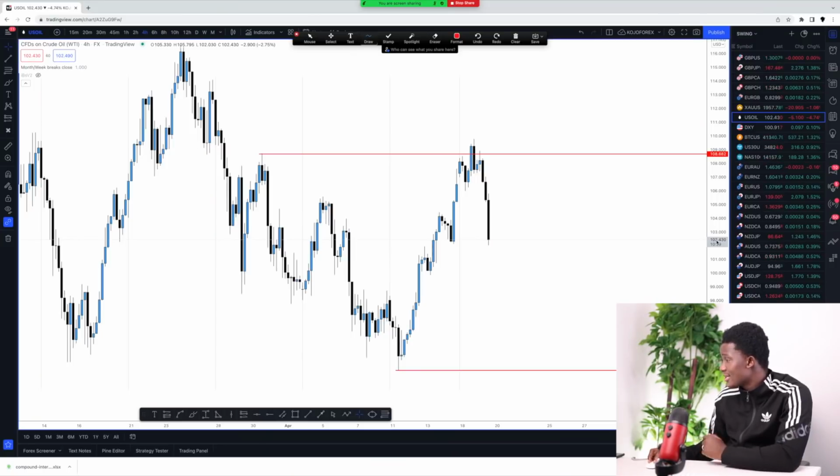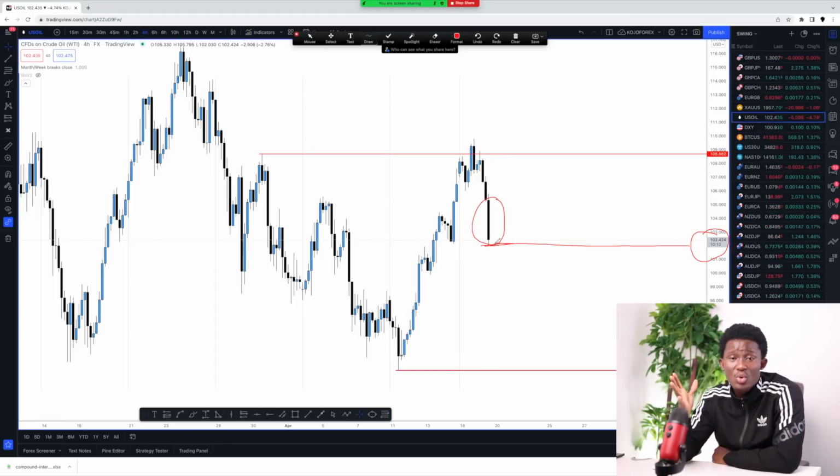So because we currently have about 10 minutes for the current 4-hour candle to close, in the next 10 minutes this particular candle, which represents the oil, is going to close for a new one to open, right? And that new one is definitely going to have a particular direction it wants to take.